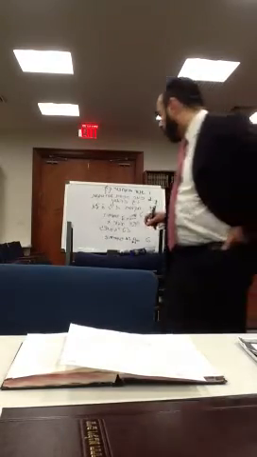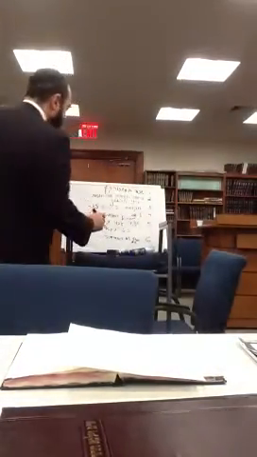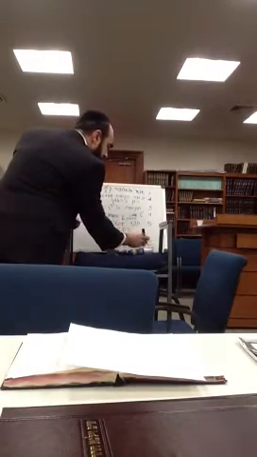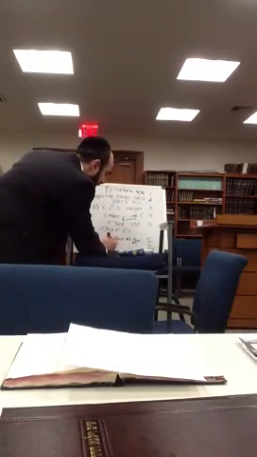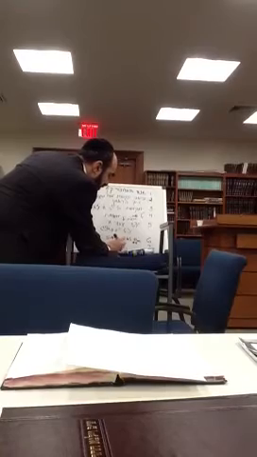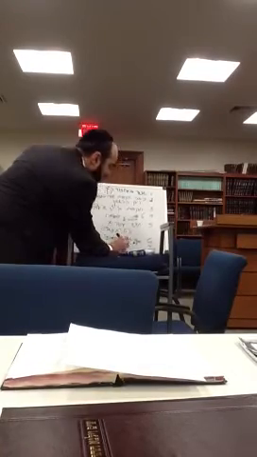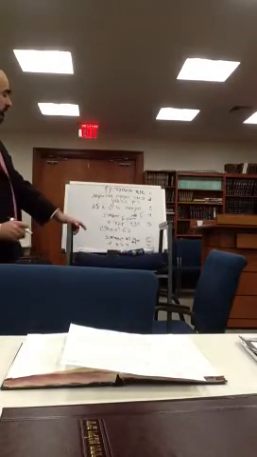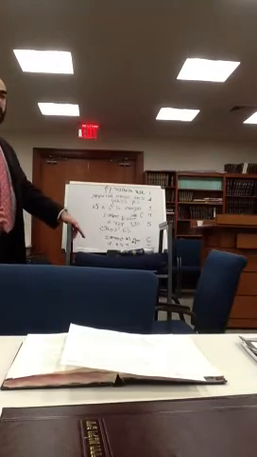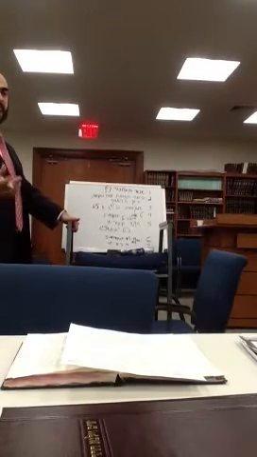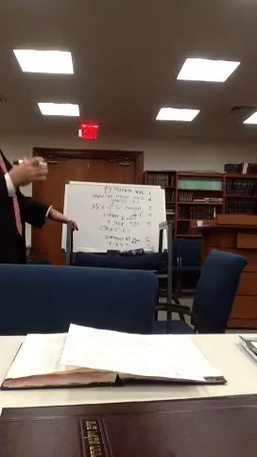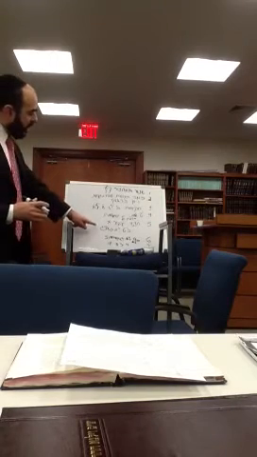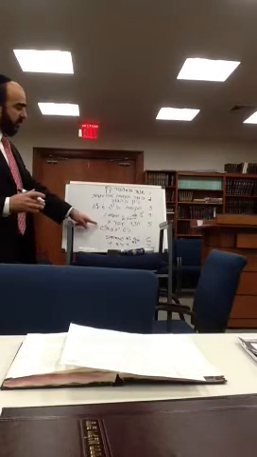So if 5 is greater than 4, we now compare it not to the Molad of Nisan, but to the Molad of Adar. So take 1 month away from 5.